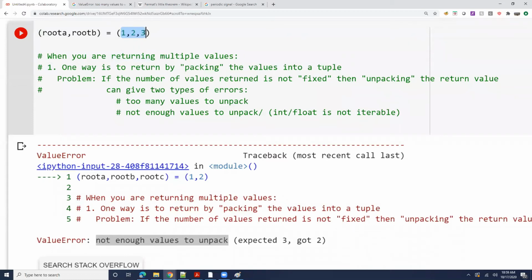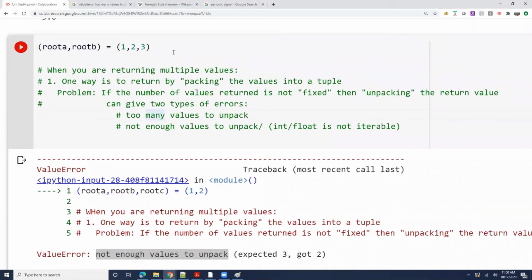So how many elements are there in the tuple on the right hand side? 3. Okay. How many are there in the tuple on the left hand side? Two. So that's why it's complaining.